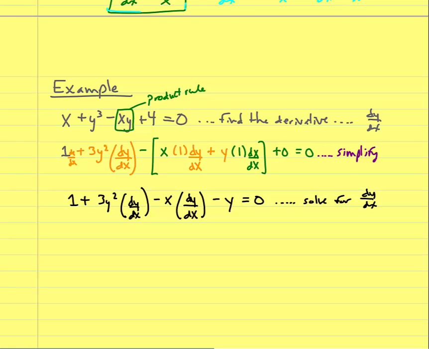Okay, so if I want to solve for dy dx, I want all my dy dx's on the left, everything else on the right. So I'm going to move the y across, and I'm going to subtract the 1 across. So it looks like I'm left with 3y squared dy dx.